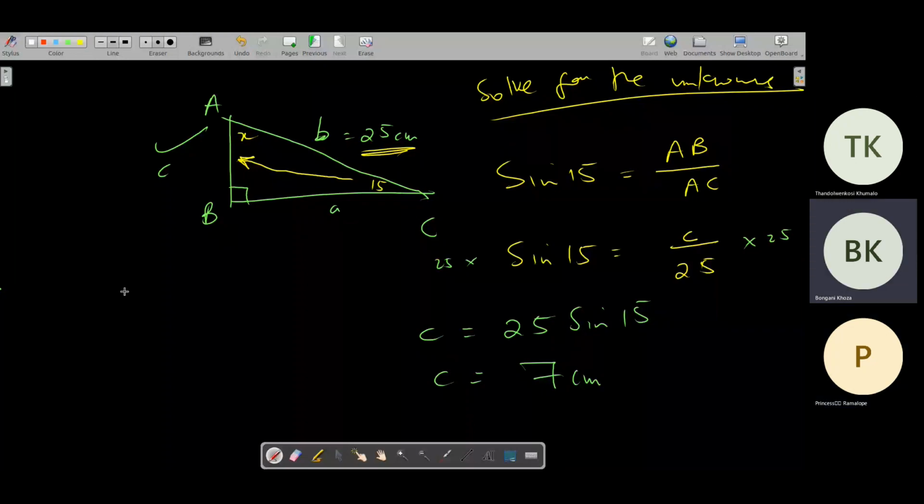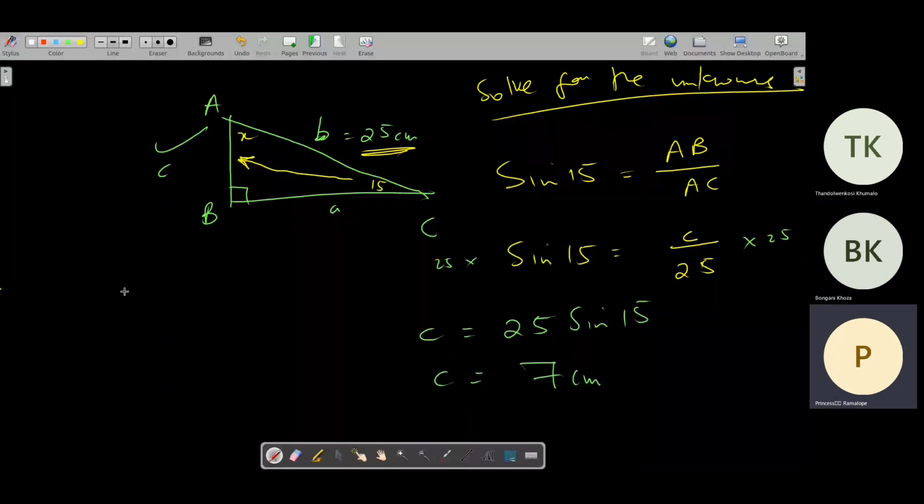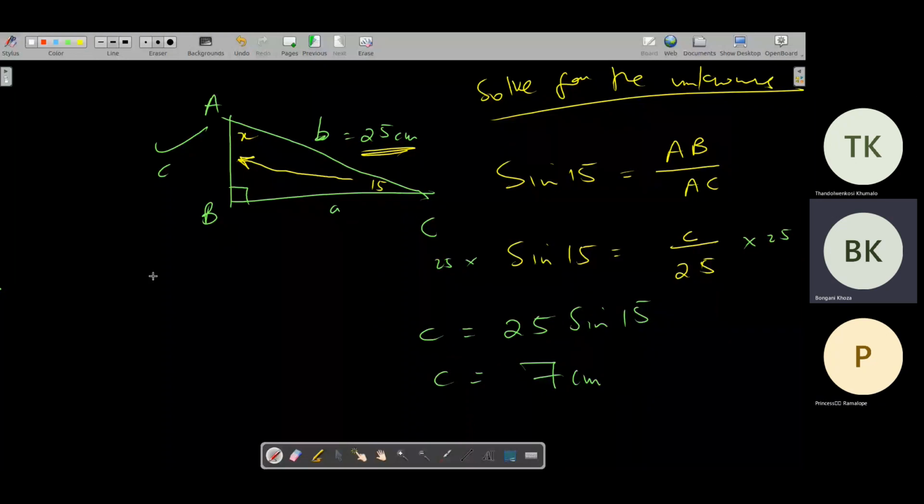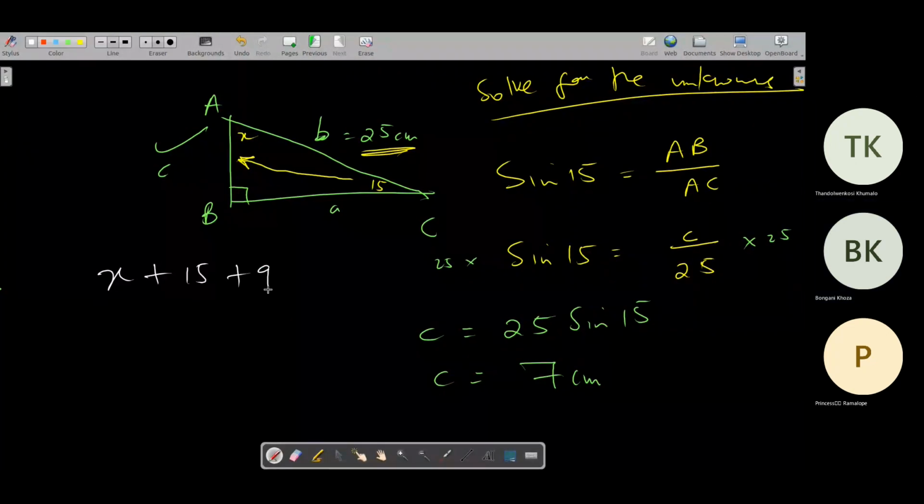What's the sum of the angles inside a triangle? If you add the angles of a triangle, we're supposed to get 180. So we can say this angle, which is x, plus 15 plus 90, because it's a right angle triangle, is equal to 180.